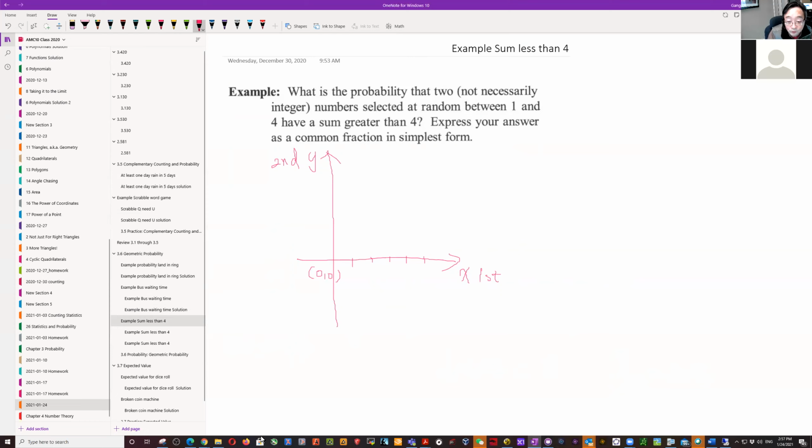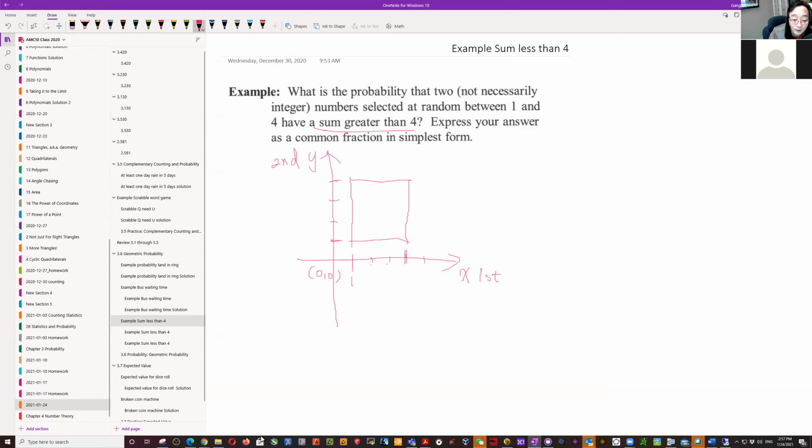The first number we choose is going to be between 1 and 4, so I label 1, 2, 3, 4. The second number is also between 1 and 4. So we are able to make out a 3 by 3 square, which will be the sample space of this geometry problem.